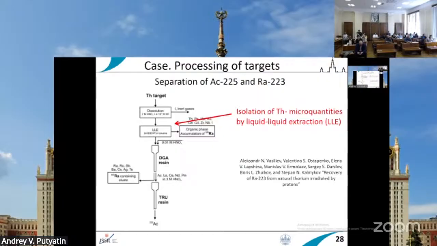But in the first part, we need to remove the excess of target matrix, thorium. And for this purpose, we use solvent extraction, because solvent extraction can deal with highly concentrated solutions. That's why, after dissolution of this target, we can use solvent extraction to extract the excess of thorium, and after that we have two extraction chromatography columns to isolate the target radionuclides.